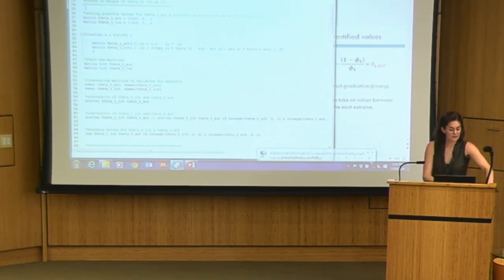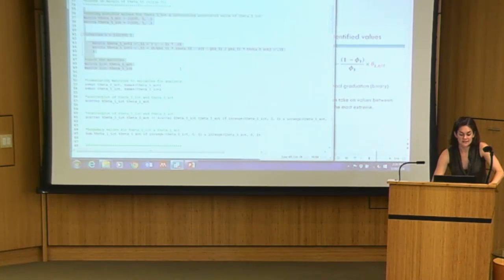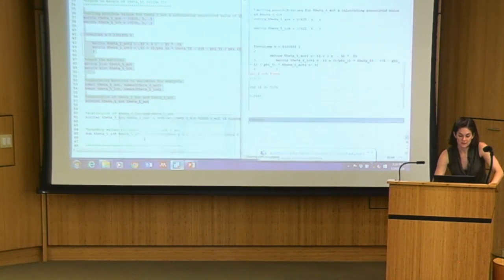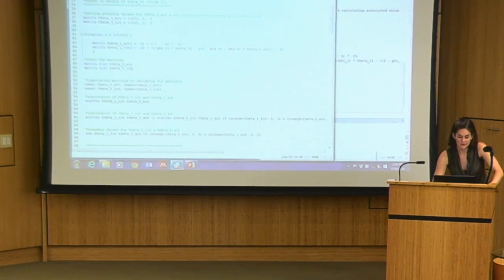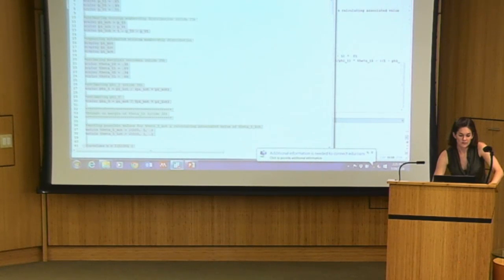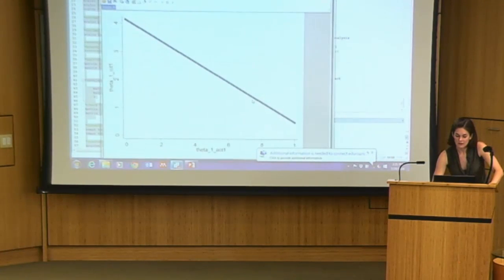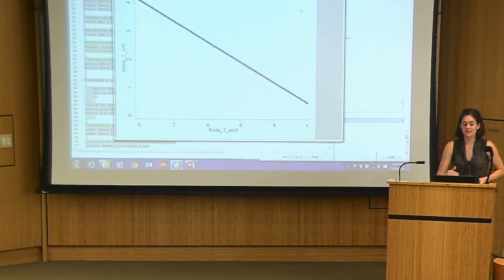And then what I think is really nice is you can create a scatter plot. So if you just run through here, and I do that, hopefully something happens. What happened? Phi1 not found. I didn't run enough. There we go. And so you can get this plot.